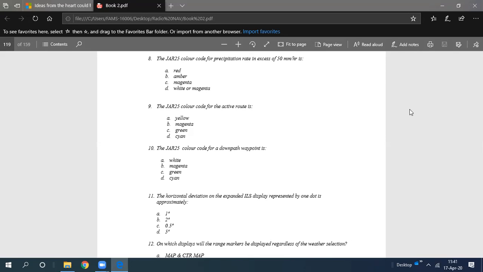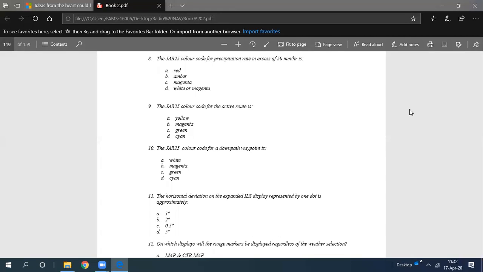What are the two types of waypoints? One is called the active waypoint, and the other is called the downpath waypoint. What is the active waypoint and what is the downpath waypoint? Anybody in the class? Can you give this answer, please? The active waypoint is the waypoint that we're going to.